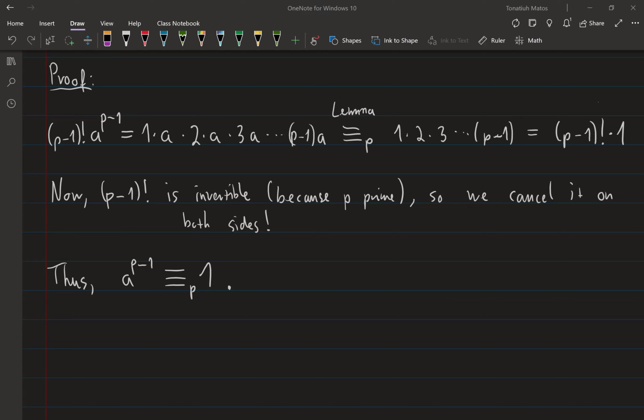Okay, so the question in the chat is why would the first line of the congruency hold? By first line, do you mean this one? Why is that equal? The second one, so this one? Okay, that one follows from the lemma.